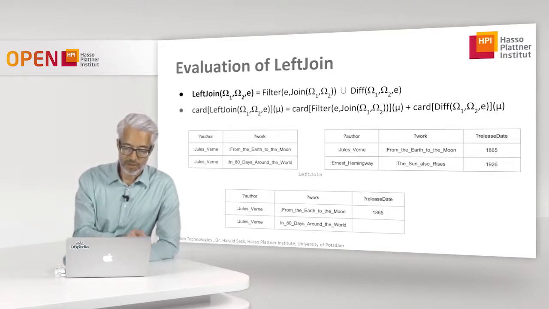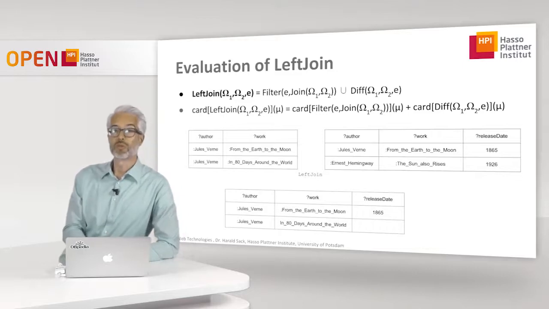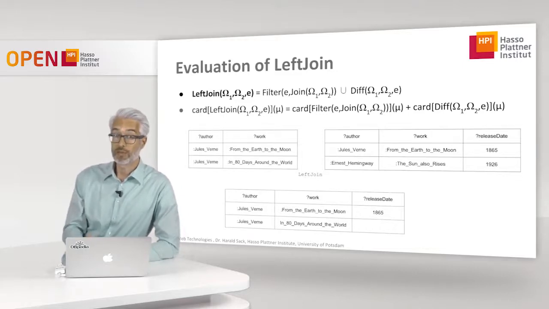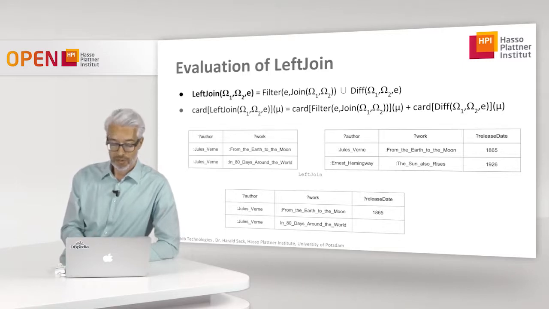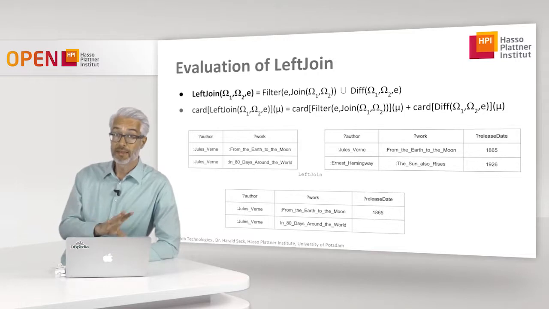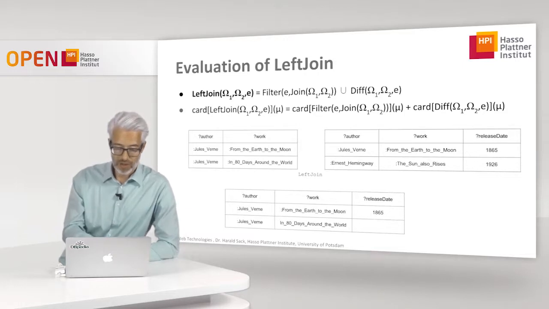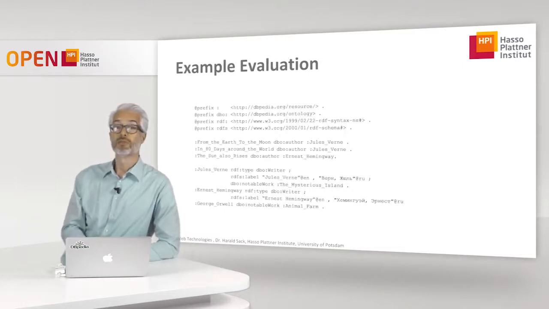So here only for From the Earth to the Moon. And this is evaluated according to the definition given above. Okay, I admit it's a little bit complicated. You can try it out on easier or other sophisticated examples. But in the end, this is the way how the evaluation of a SPARQL query really works.